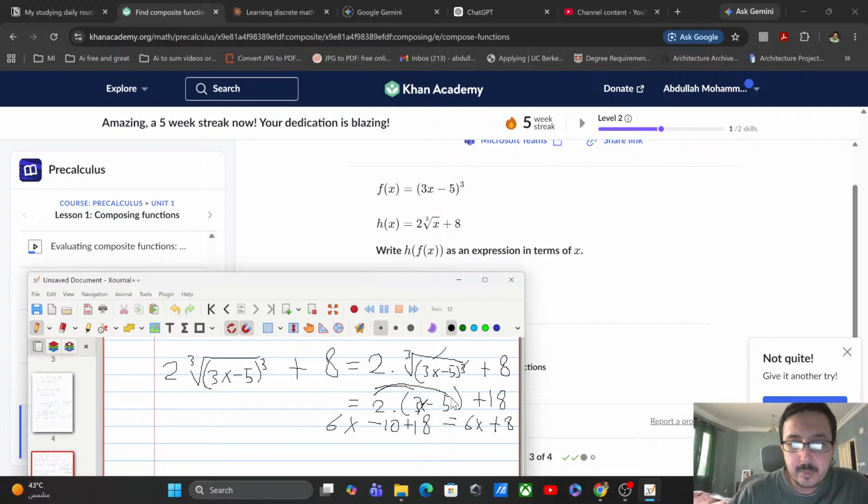So this multiplication, 2 multiplied by 3x is 6x, and 2 multiplied by minus 5 is minus 10, plus 8. So plus 8, that's going to be minus 2. I don't even know where I got the 8 from.